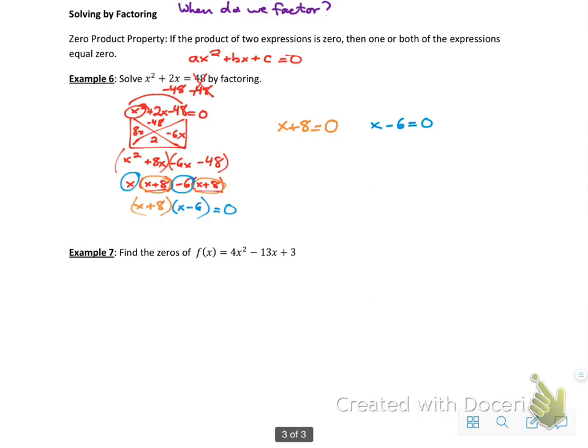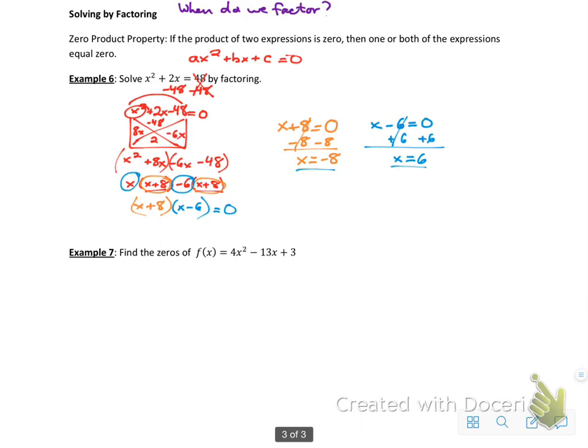Those are pretty simple problems to solve for x, right? We can subtract 8 from both sides to get that x equals negative 8. And over on the blue side, we can add 6 to get that x equals 6. And there you go. Those are your answers.